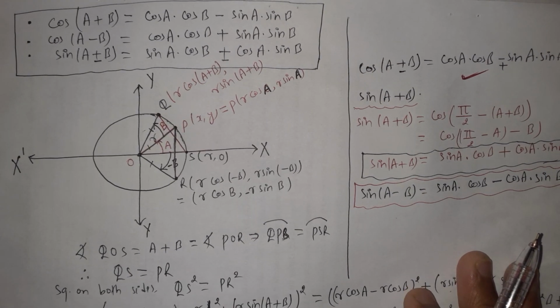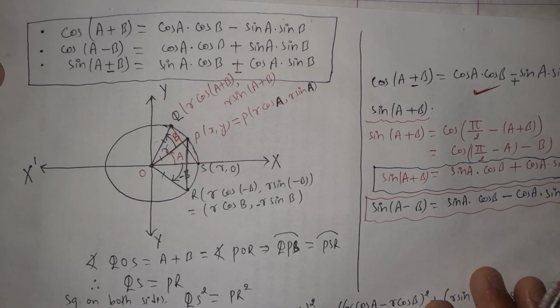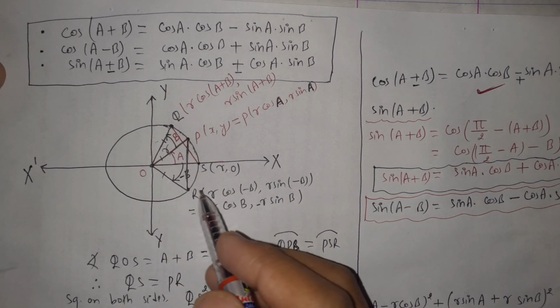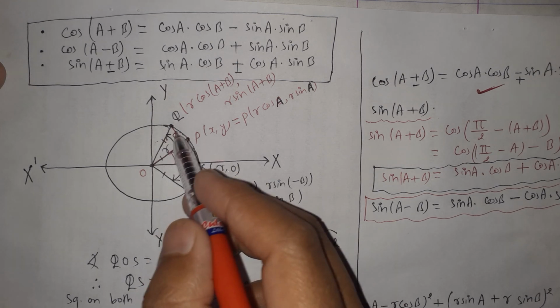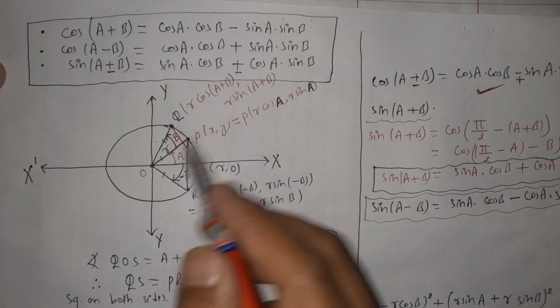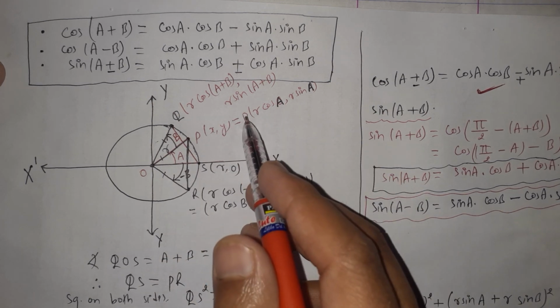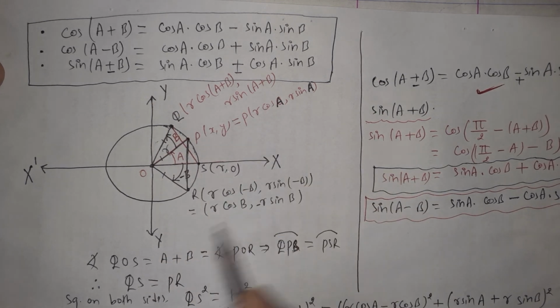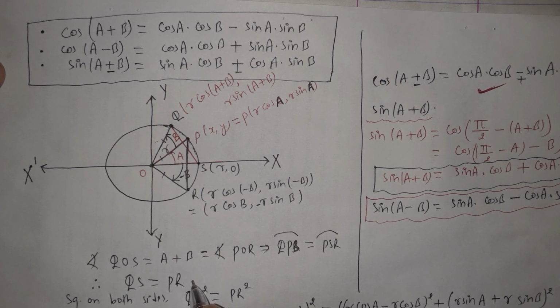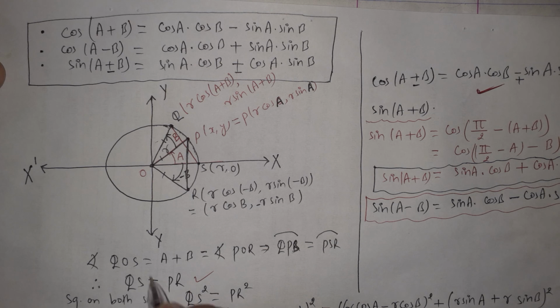Let's summarize this whole process. In these lessons, we first make the circle on the xy plane, and then we locate the 4 points here, and we change the corresponding Cartesian coordinates into polar coordinates. Then we use the geometrical relationship between the chords.